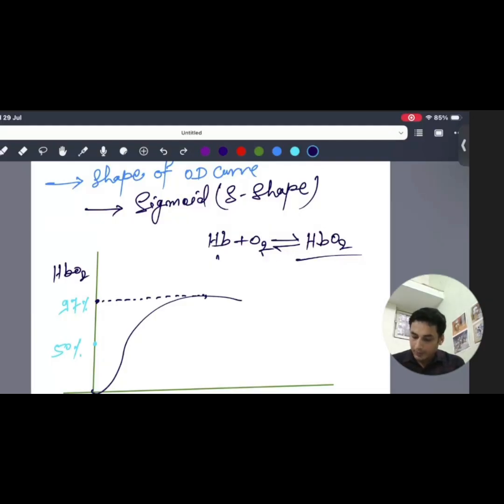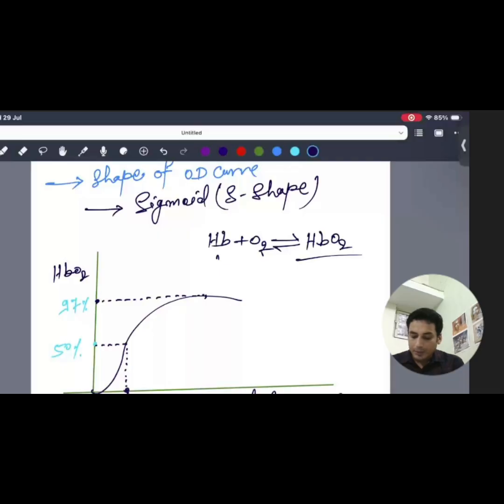Then 50% saturation at this point. Here at the x-axis, you write partial pressure of O2, PO2.